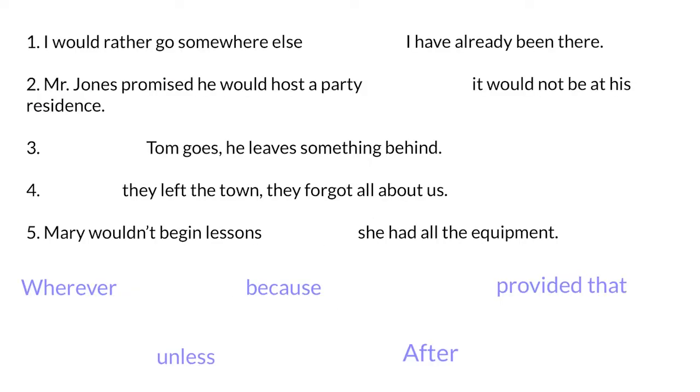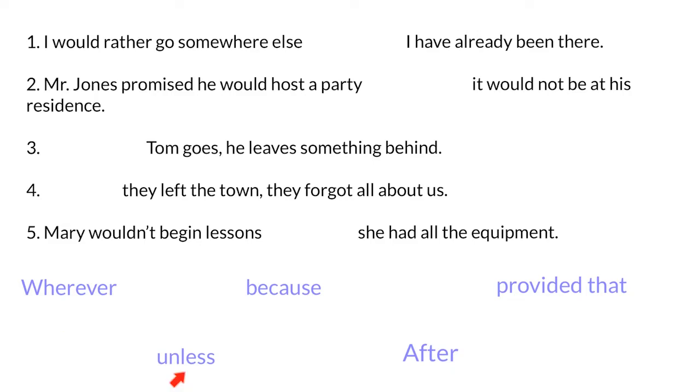Now is the time to join dependent clauses and independent clauses together using subordinating conjunctions. So we're going to fill in the gaps using the subordinating conjunctions given below. So let's find the most suitable and the most appropriate subordinating conjunction to fill in the gaps. I would rather go somewhere else, blank, I have already been there.